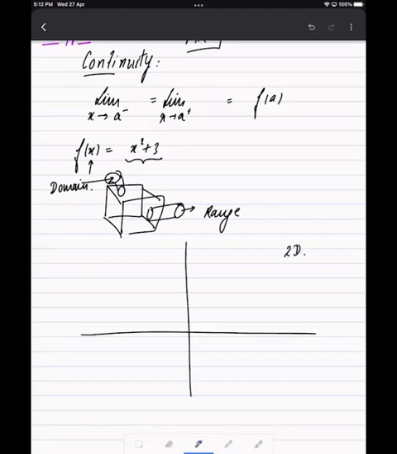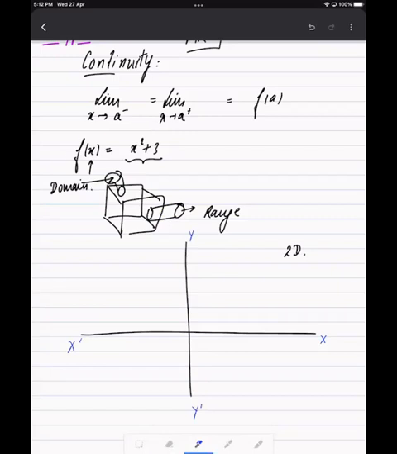Why? Because you have two things: a domain and a range. The domain is represented on the x-axis and the range is on the y-axis. So y represents the range and x represents the domain.